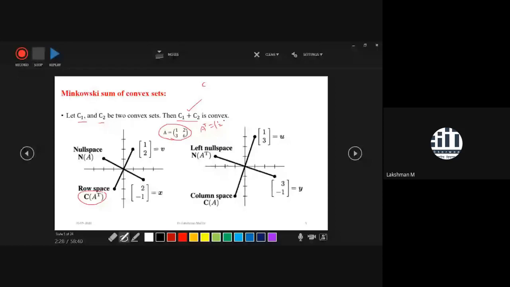So what you observe is that the row space of A is nothing but the column space of A transpose. When you find the column space of A transpose, you take all possible linear combinations of the columns, and call this column C1 and this one column C2. C2 is nothing but thrice C1. That means C2 is dependent on C1.